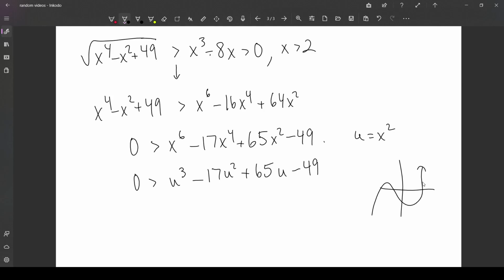And a cubic will go to positive infinity as its independent variable goes to positive infinity. So as x gets large, then u is going to get large, and therefore this stuff will have to become positive, right?